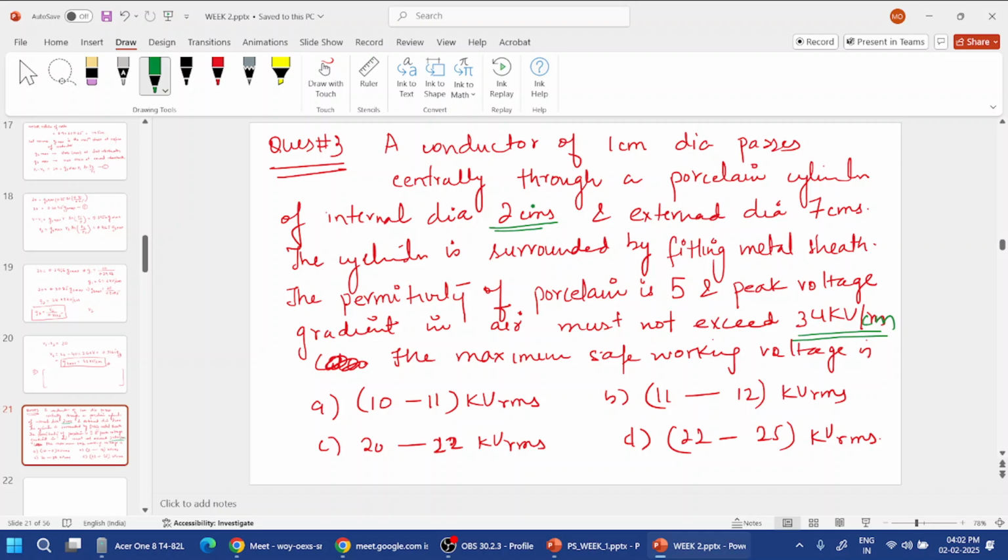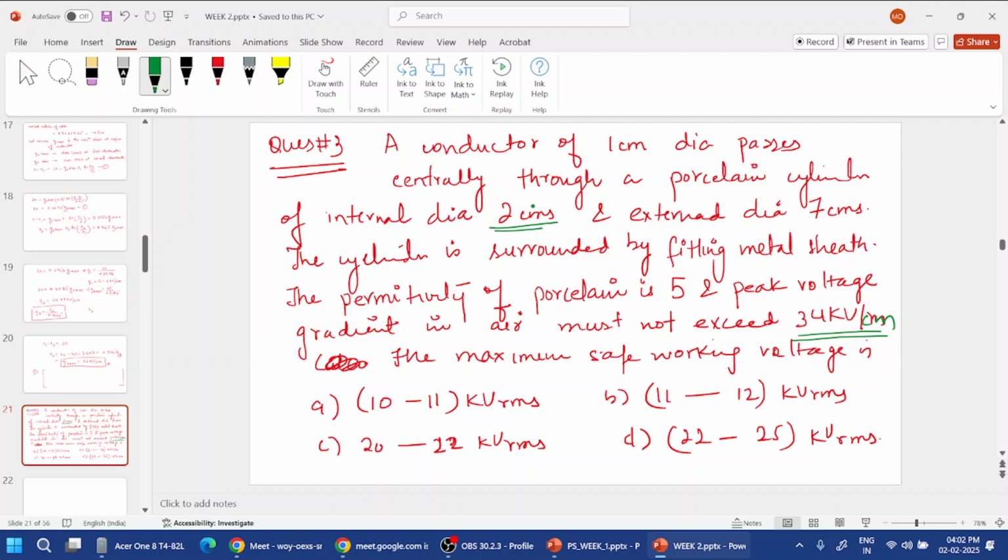Okay, it's a very simple question. You use the formula of maximum stress, G is equal to Q upon 2 pi epsilon naught R, and calculate for the various surfaces. Let's say G1 is calculated at R, and G2 at R1.